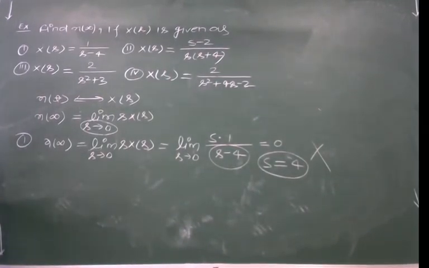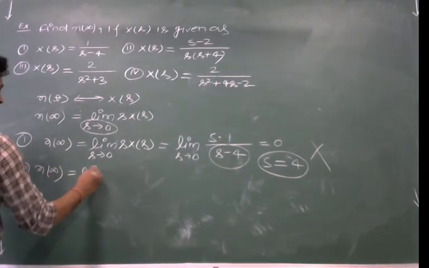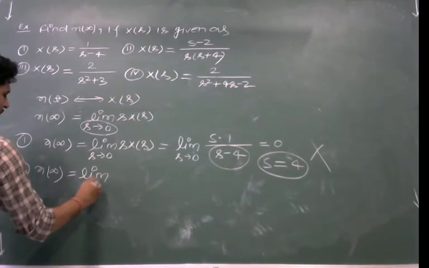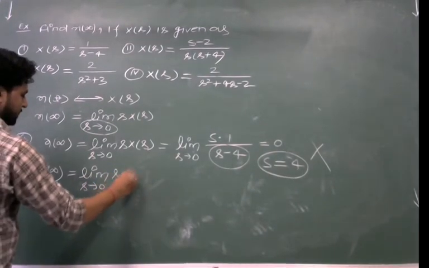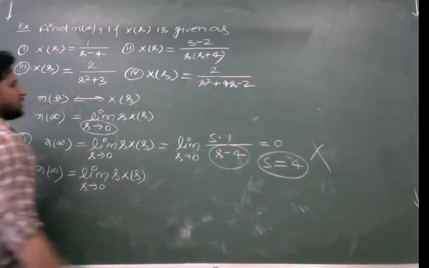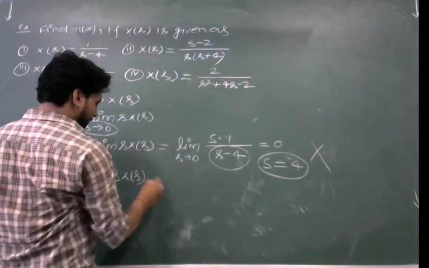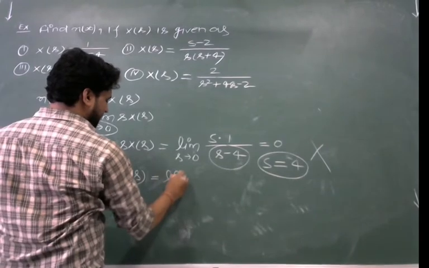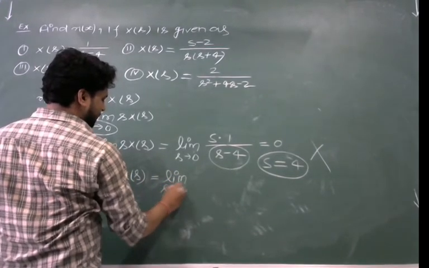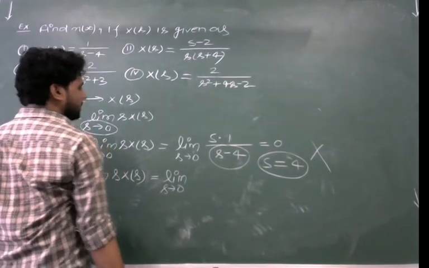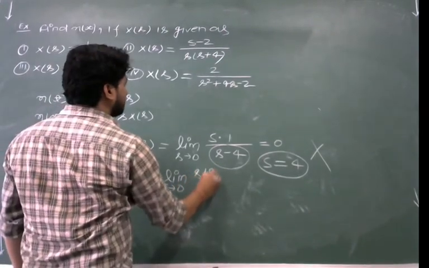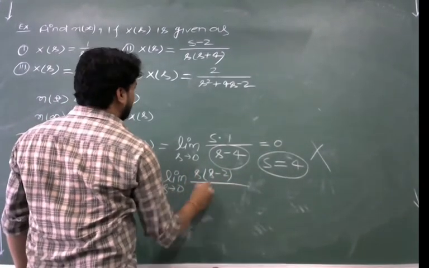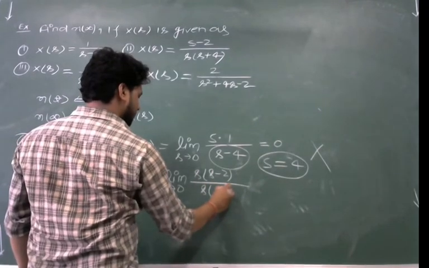Consider the second one. For the second, x of infinity will be equal to limit s tends to 0 of s times x of s, where x of s is given as s minus 2 upon s into s plus 4.